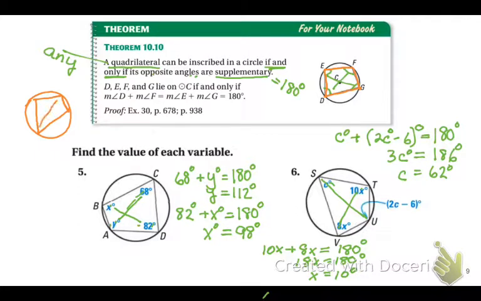These two angles would be supplementary, and these two angles would be supplementary. So no matter how goofy they look, if it's a quadrilateral and it is inscribed in the circle, then its opposite angles are supplementary, 180 degrees.